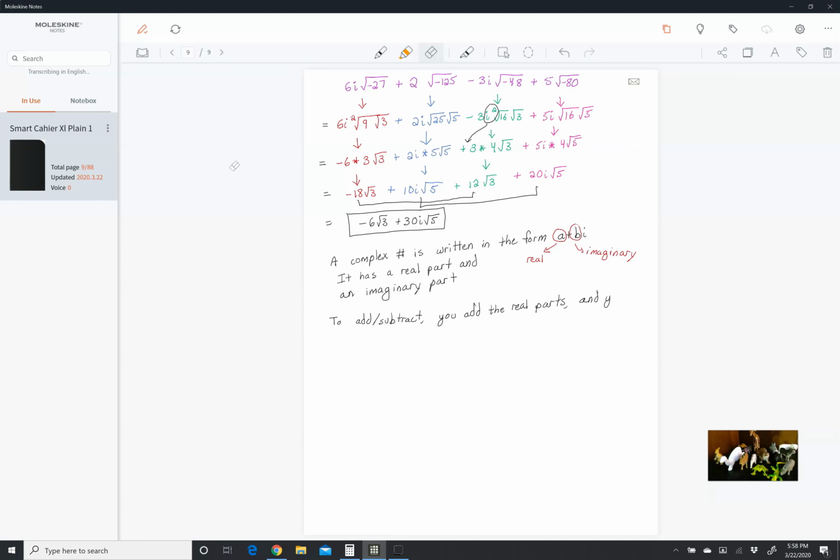And you add, and this should actually be add slash subtract. Sorry about that. And you add slash subtract the imaginary parts. Essentially what we're doing is combining like terms.